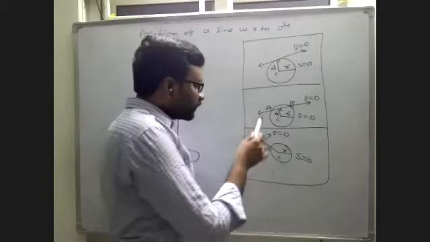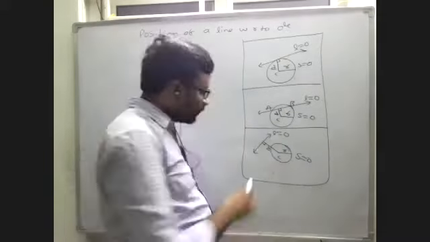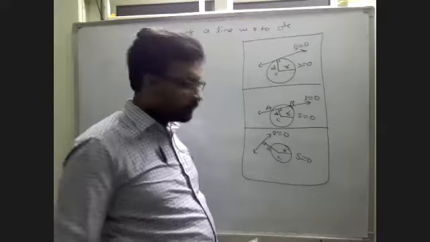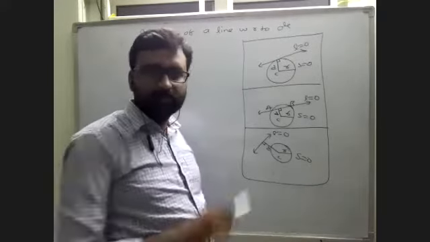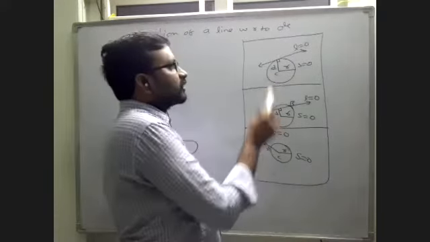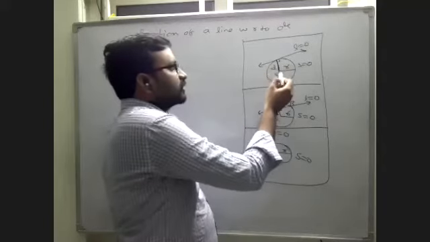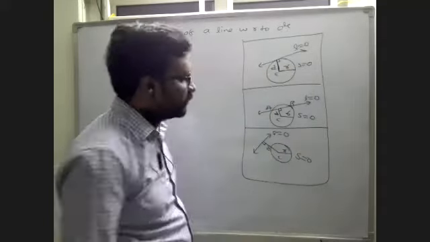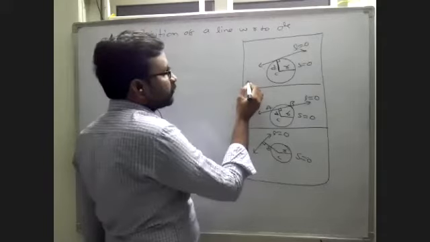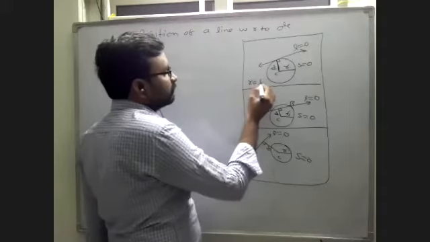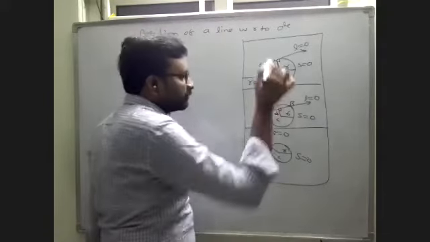If a line intersects the circle, this is the diagram. If the line does not touch the circle, which is away from the circle, this is the diagram. If a line touches the circle, then the condition is that the perpendicular distance and the radius are both the same, that is r equal to d. R equal to d is the condition.